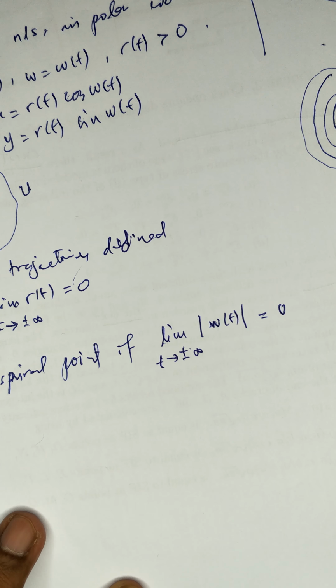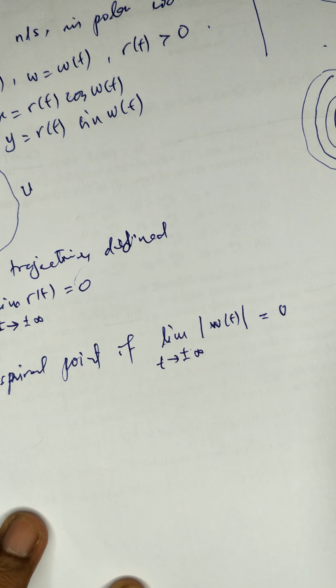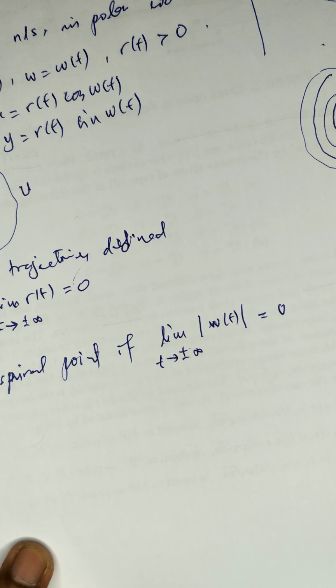Now, if the direction of those spirals goes toward the critical point, then we call it asymptotically stable. If the direction is away from the critical point, then we call the system unstable.